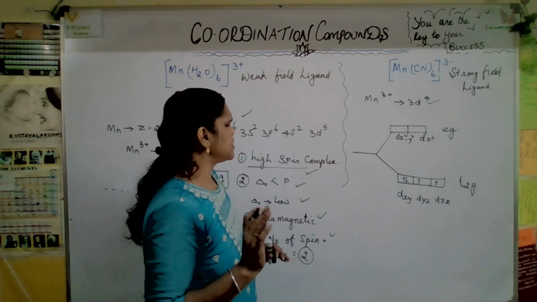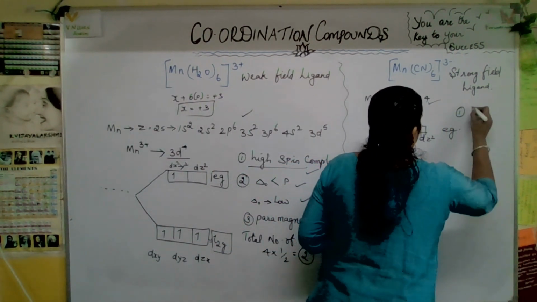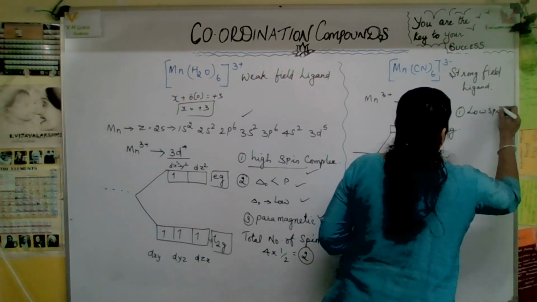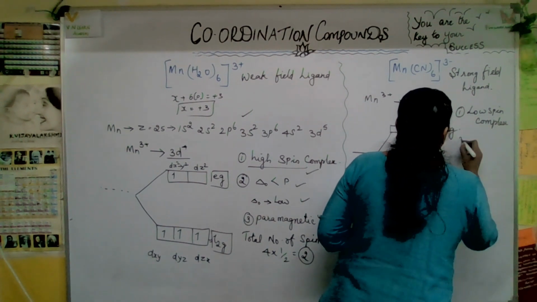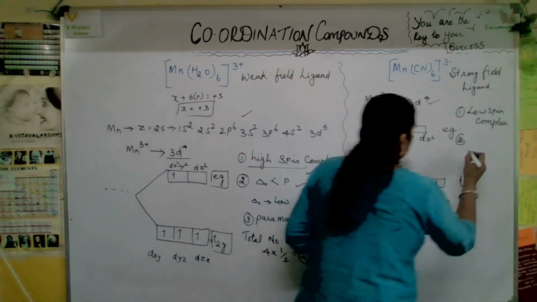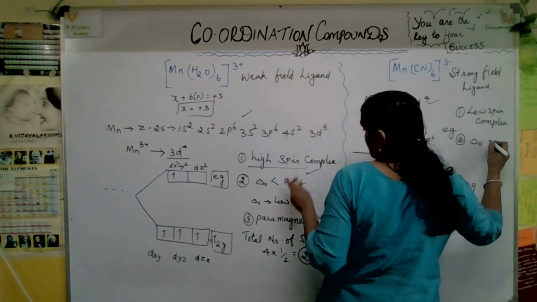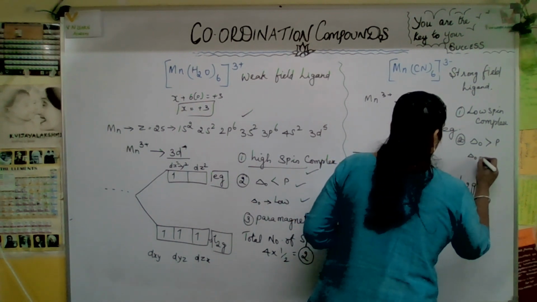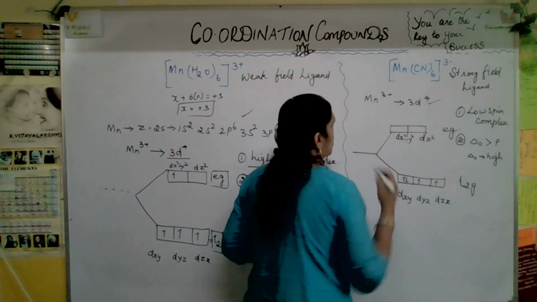So what are the points to be identified? The first one: low spin complex. And the second point: delta naught is greater than P. So that means delta naught is very high, because it is a strong field.